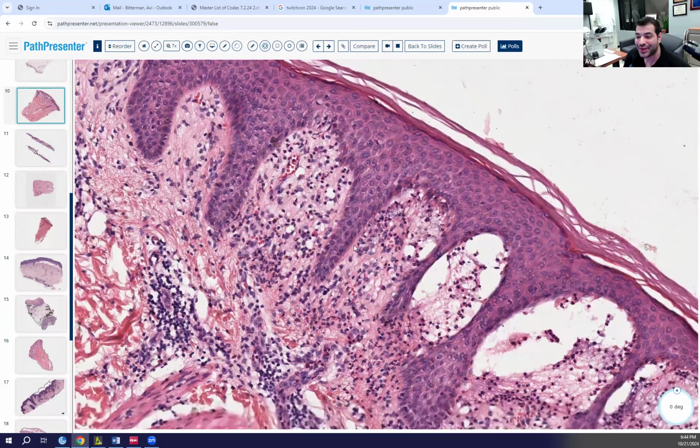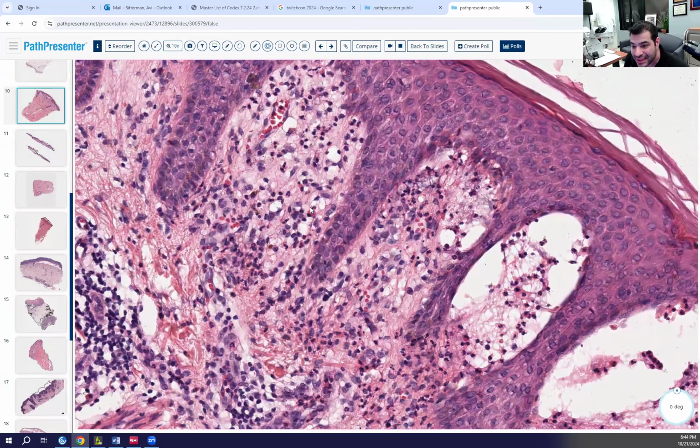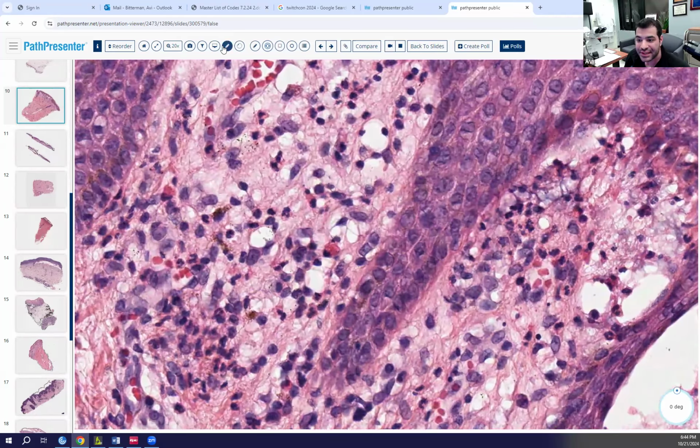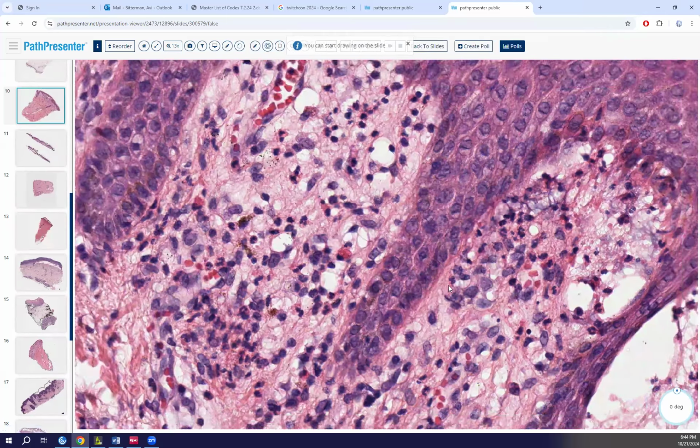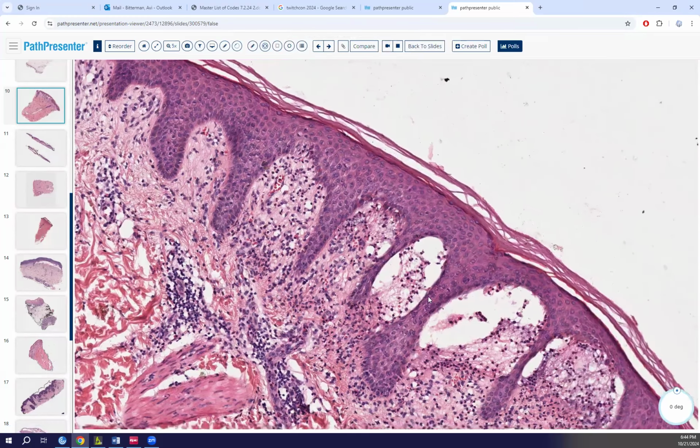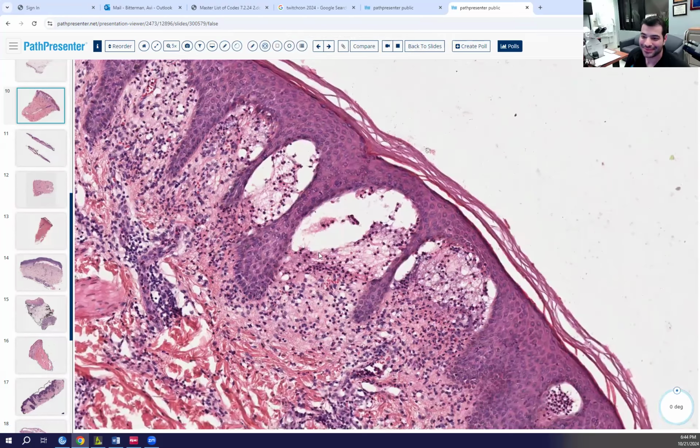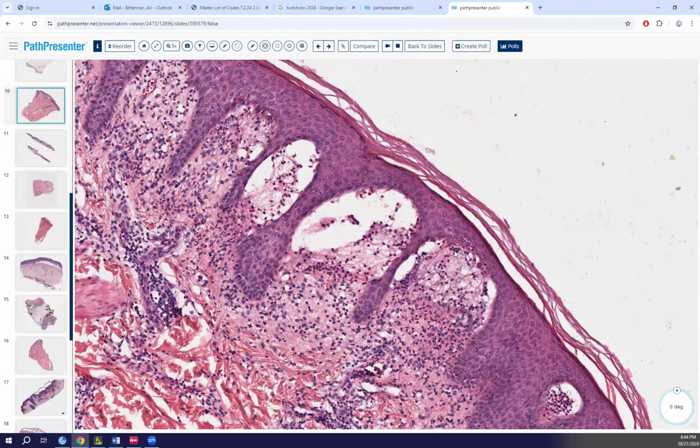What test would we want to do here? Here's a good example of an EO here as well. DIF. What are we going to see on DIF? We're thinking this is DH. IgA in the dermal papilla. What pattern of IgA?